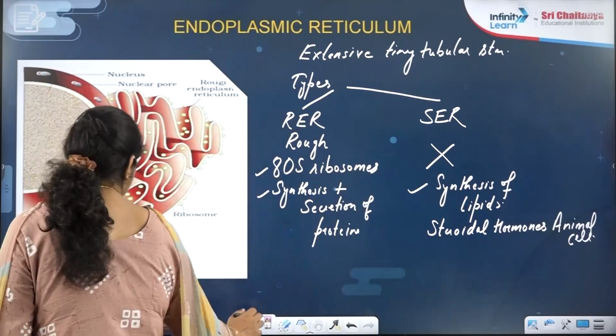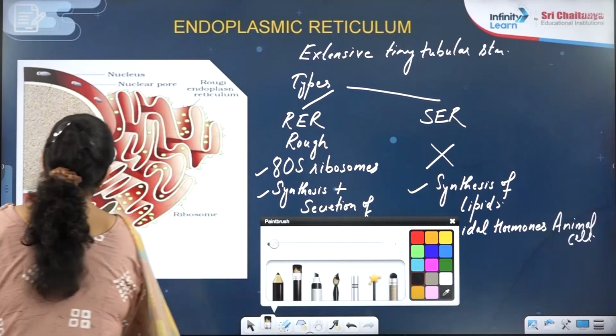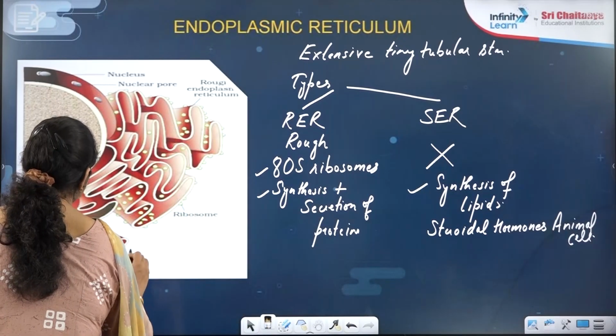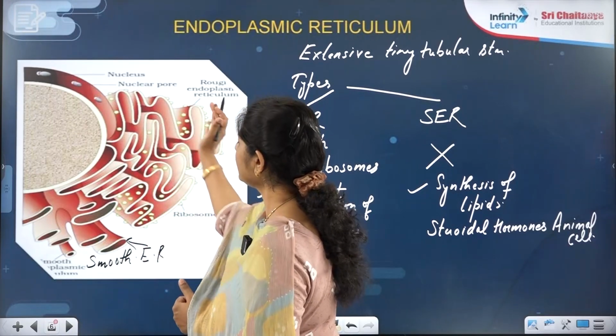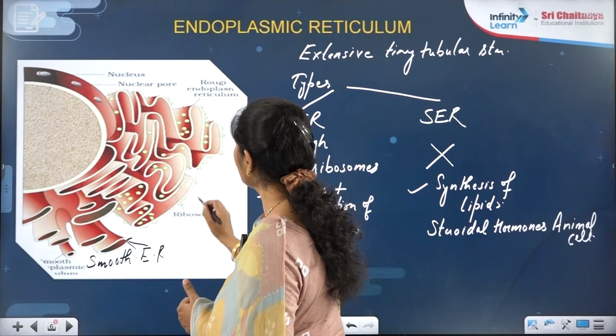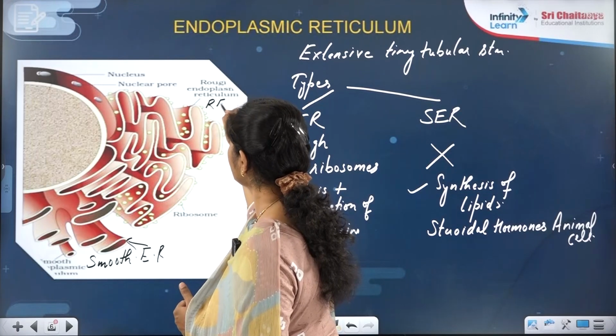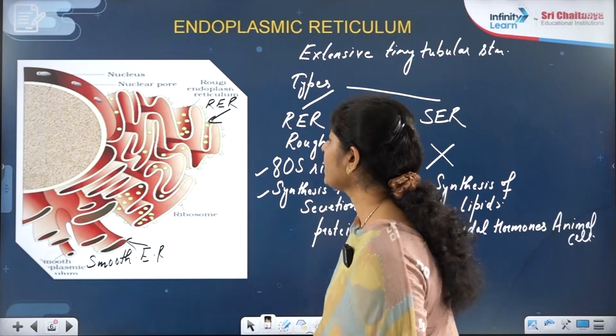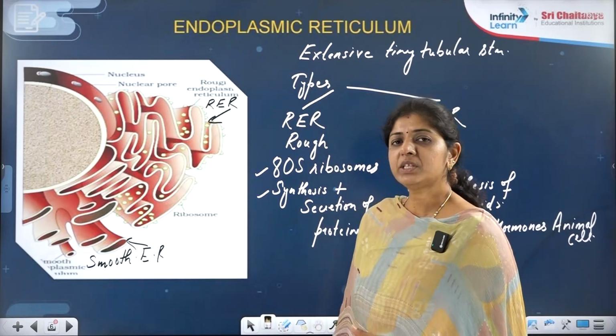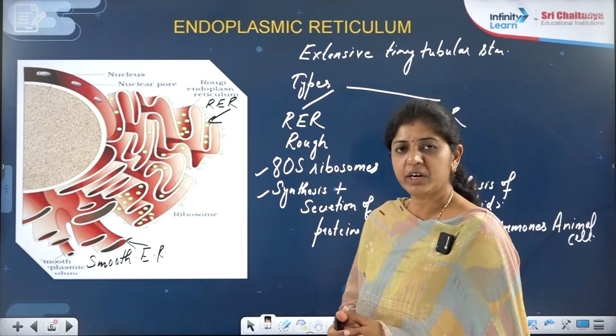That's why in this case they have shown the smooth endoplasmic reticulum with the tubular structure here. But the laminar cisternae structure is more in the case of rough endoplasmic reticulum. They have shown you here, right? So this is about one of the members in the endomembrane system, that is endoplasmic reticulum.